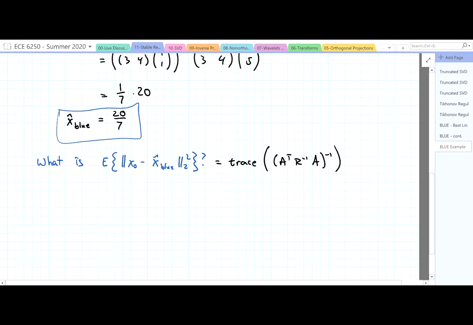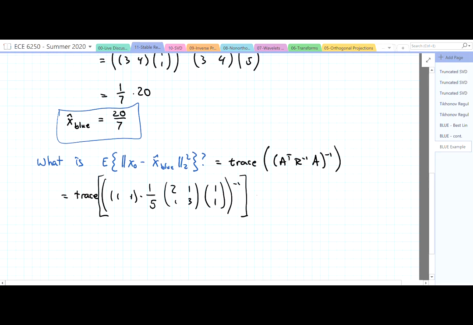And so that will just be the trace of [1, 1] times 1/5 times [2, 1; 1, 3] times [1, 1] inverse.